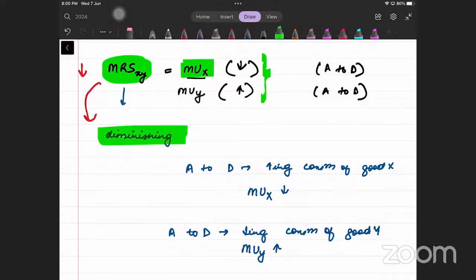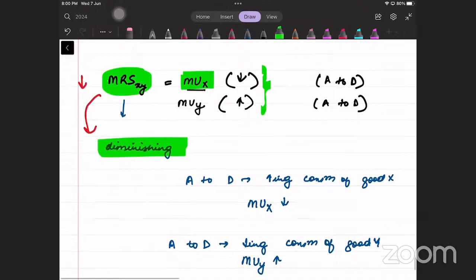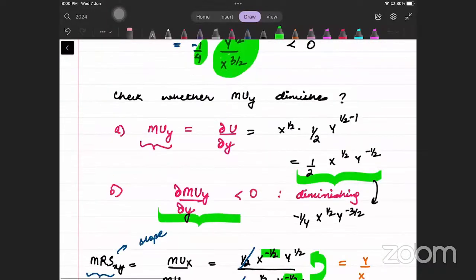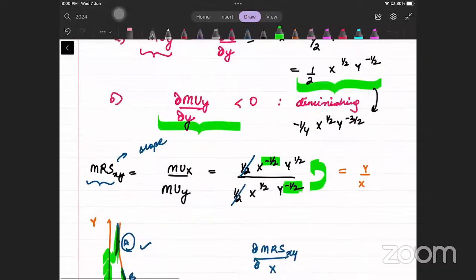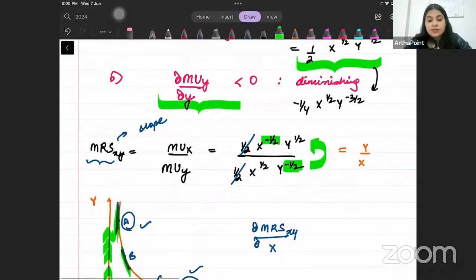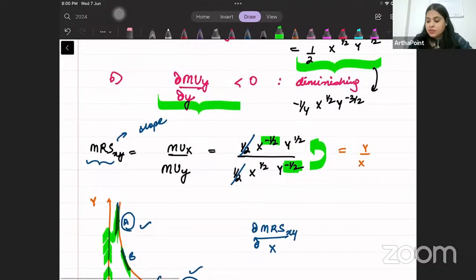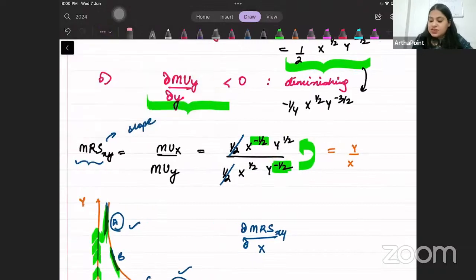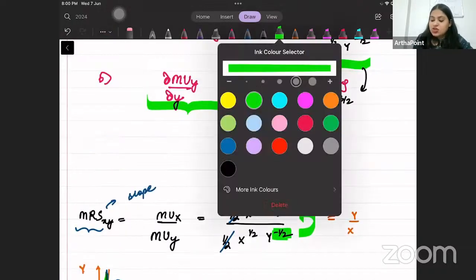Ma'am, but if we do differentiate with respect to y in marginal utility of y only, then it comes out to be negative, which means marginal utility of y is decreasing. But as y increases, the implication of this, whenever this is negative, but this means change.